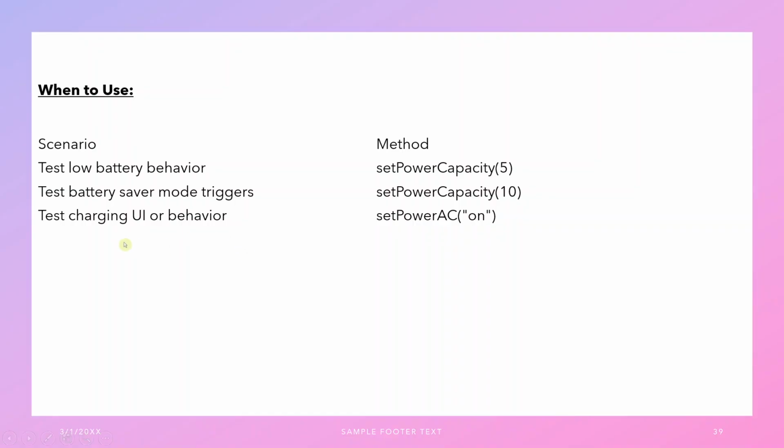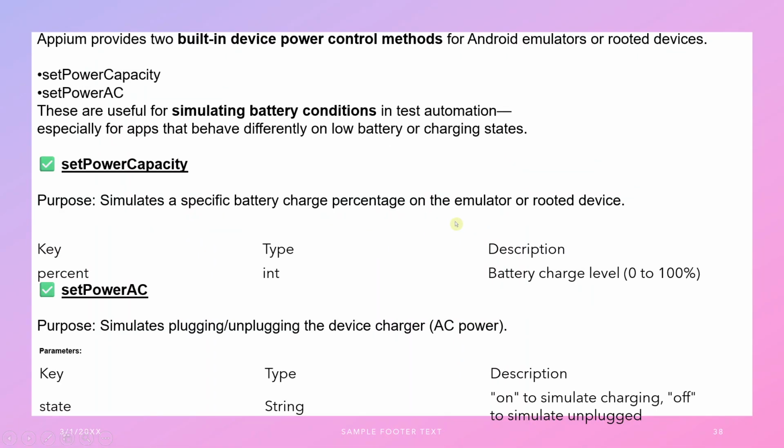To test the charging UI or behavior, we use setPowerAC. That means when I'm using my app, suddenly I unplug the AC power, and I want to see how my app works. To simulate these conditions at runtime, I can use setPowerCapacity and setPowerAC. This is how we can use these methods, which are the Appium built-in methods.